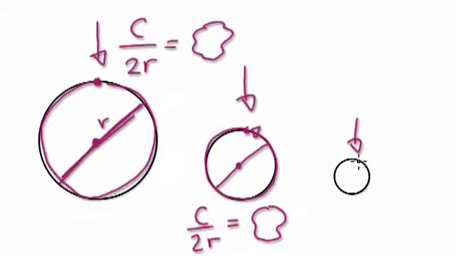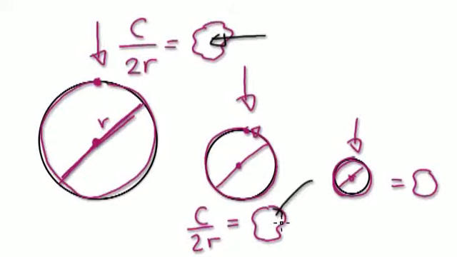even if it's a small circle like this. If you get the circumference of this small circle and then divide it by 2r, you're going to get this same special number. They're all the same.